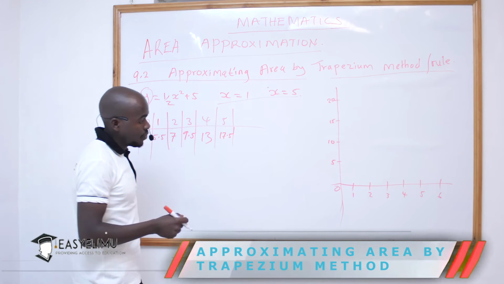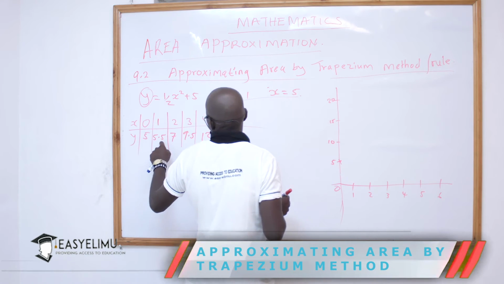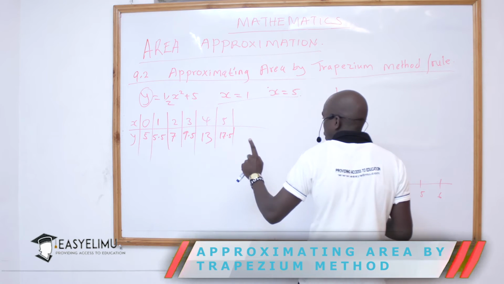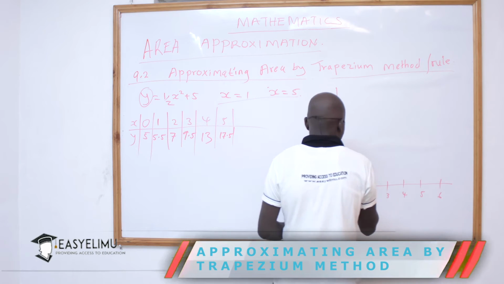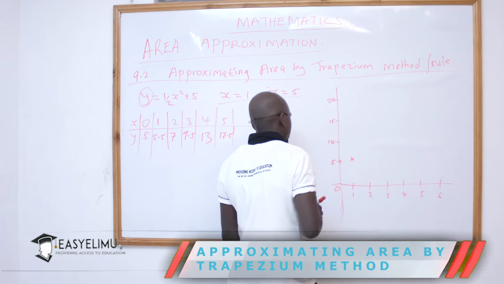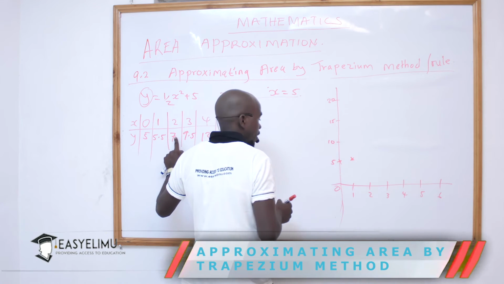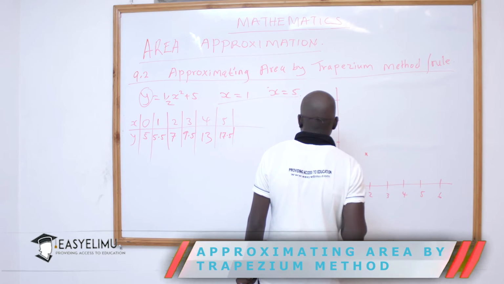So if it's 0, we are having it at 5. And then 1, 5.5, so it's somewhere here. And 5.5 is somewhere there. 2, 7, let's say it is somewhere here, approximation.